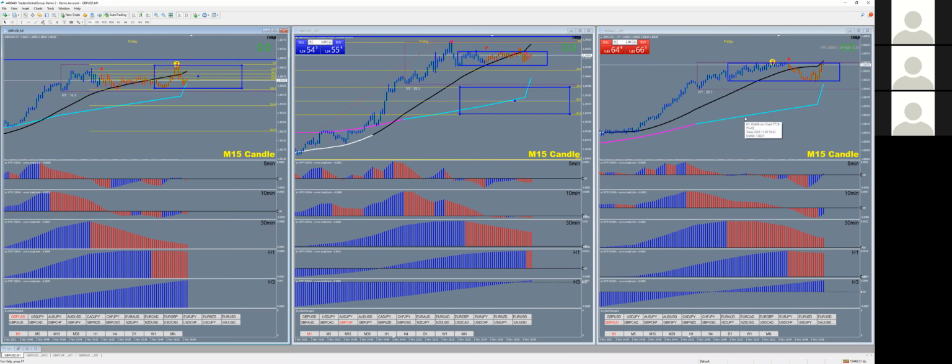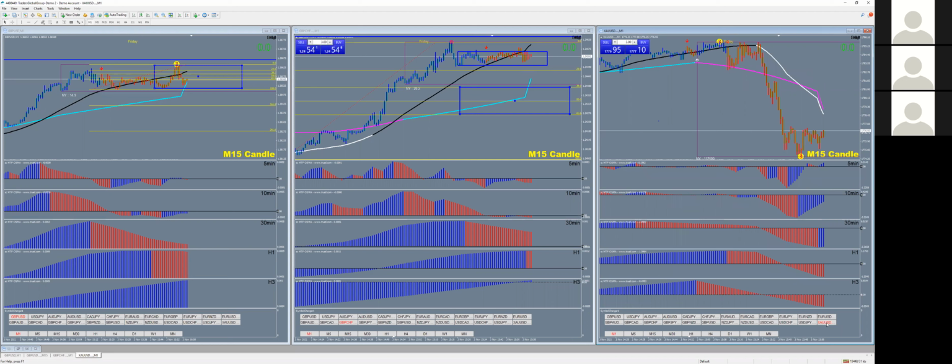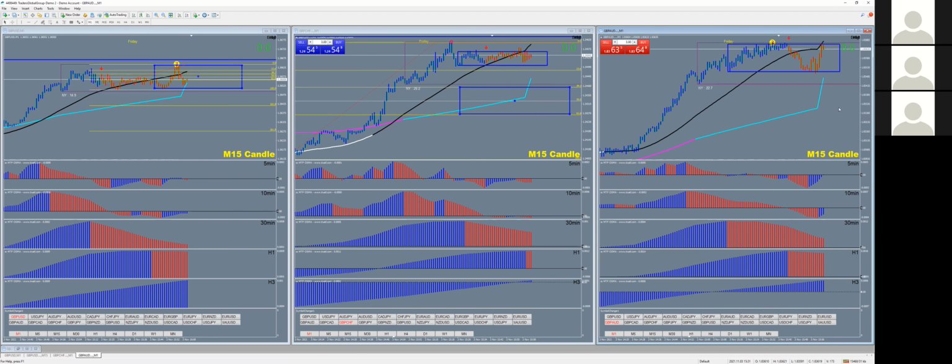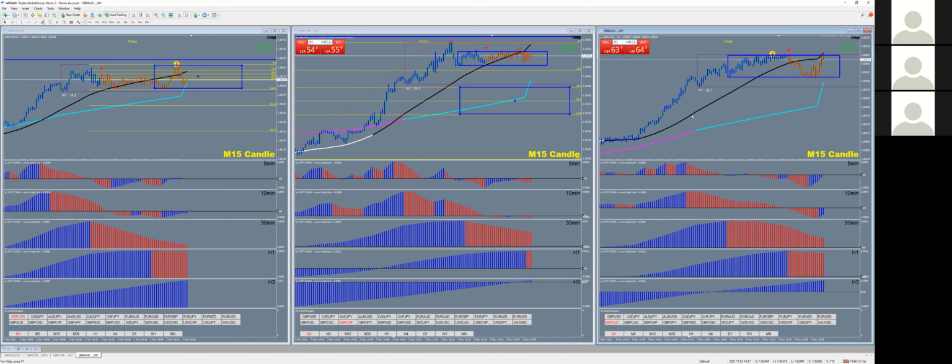Let's see what gold is doing. It's ranging. And pound is in sync now in the 1 minute chart, but the pound and Swiss are fighting for strength.